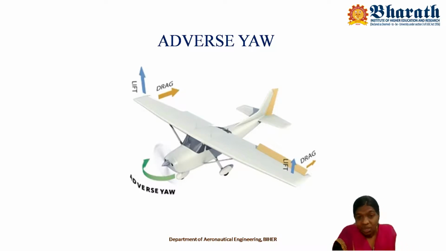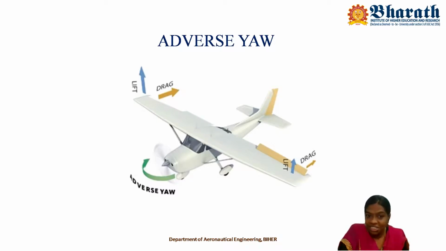This is actually happening. But when there is more lift, the drag will be more, right? When the drag is more, it will pull the aircraft in that direction. Since in this sketch the right wing has too much drag, it is dragging the aircraft that side, so the aircraft will tend to yaw in that direction. That is nothing but adverse yaw.